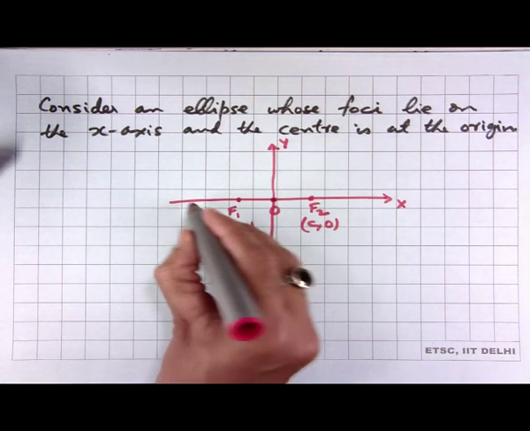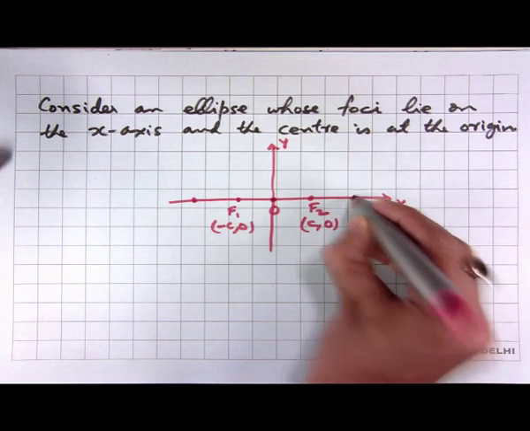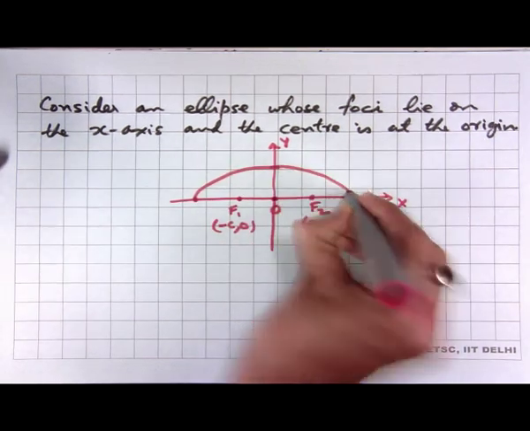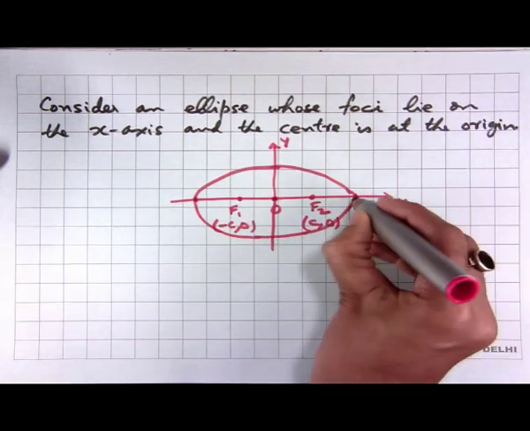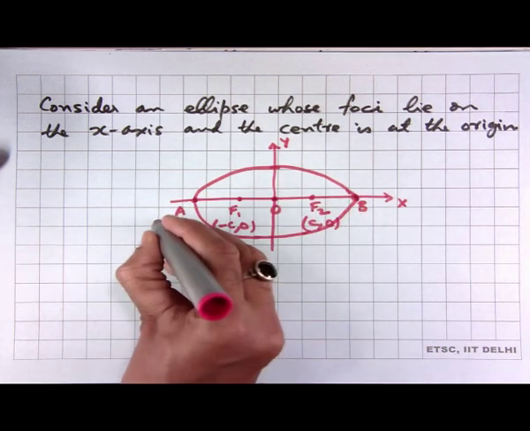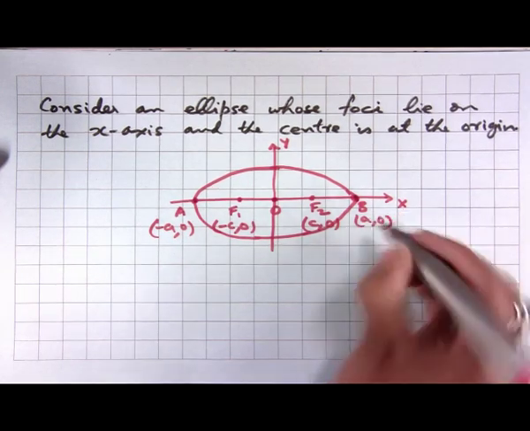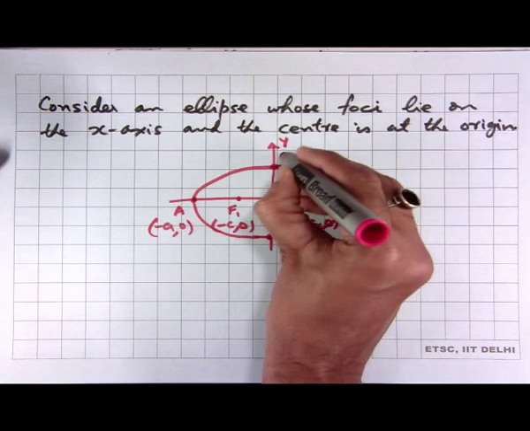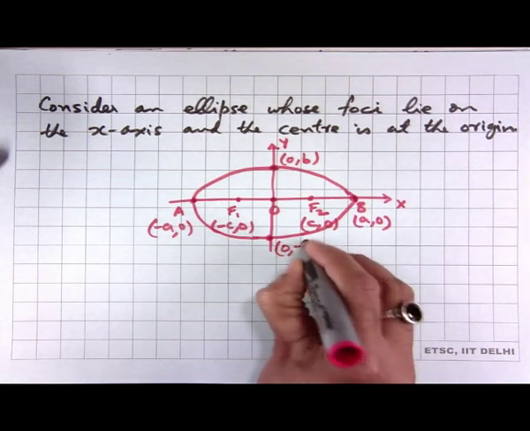Let us say the vertices will also be on the x axis, say the vertices A, B, with coordinates (−a, 0) and (a, 0), and the minor axis endpoints are (0, b) and (0, −b).